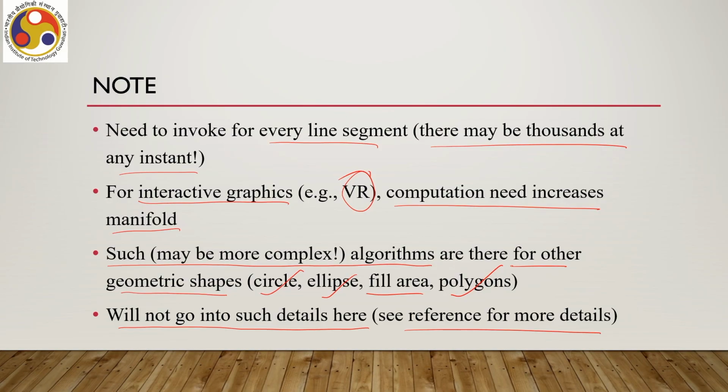Our objective is to do it as fast as possible, that means reduce the floating point operations as much as possible. For a line we can completely eliminate them, but for other shapes we may not be able to completely eliminate them, but minimize the number of operations.